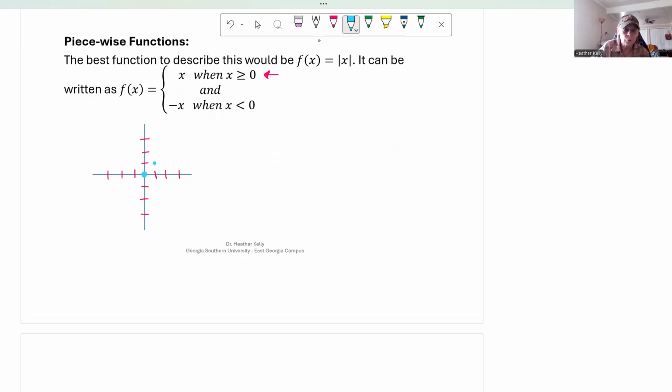When x is 2, we get 2. When x is 3, we get 3. Now, when x is negative 1, we get positive 1. When x is negative 2, we get positive 2. When x is negative 3, we get positive 3. And that is our graph.